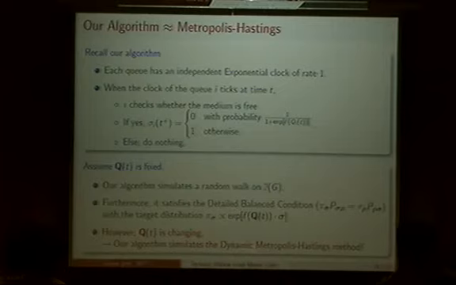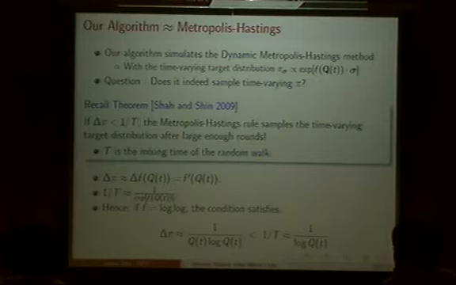And if you recall this theorem, this condition is satisfied. Time-varying Metropolis-Hastings samples the desired target distribution. In our case, this quantity is something like that, and this quantity is one over exponential of q. For that reason, we choose log to guarantee this condition.